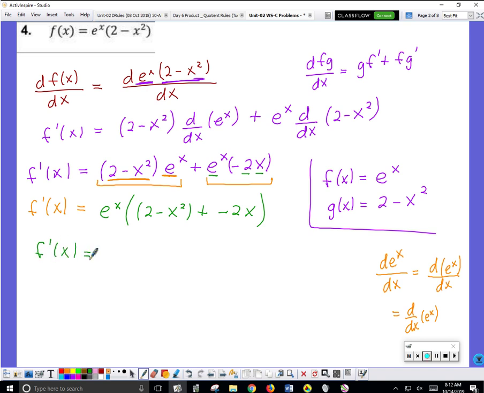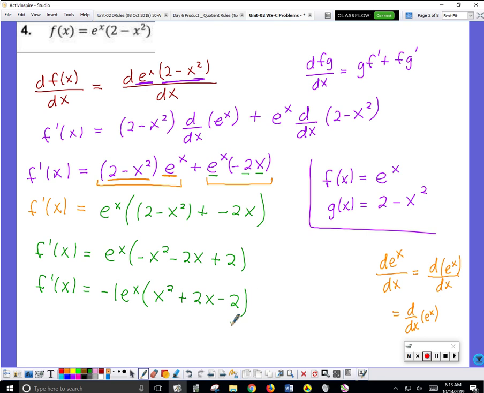So now I'll reorder a little bit. Does the answer in the back match that? I'm not sure. They take the negative out. So this is where I'm just trying to get my answer to match the multiple choice answer. Is that what they have on the back? Okay.